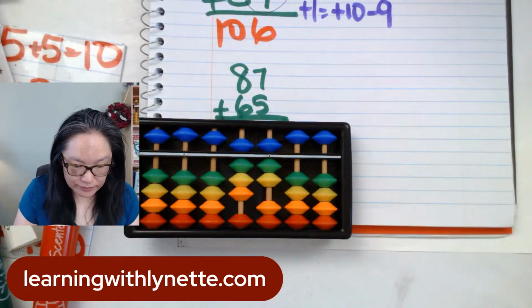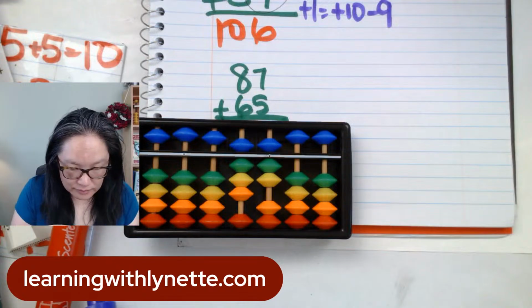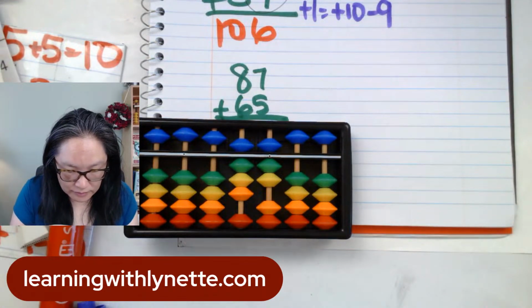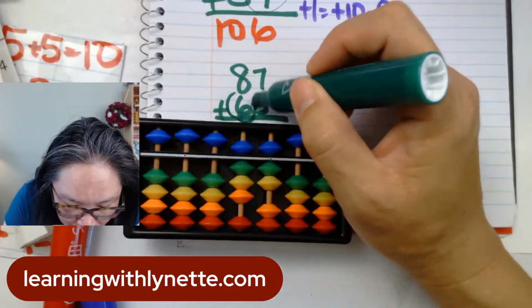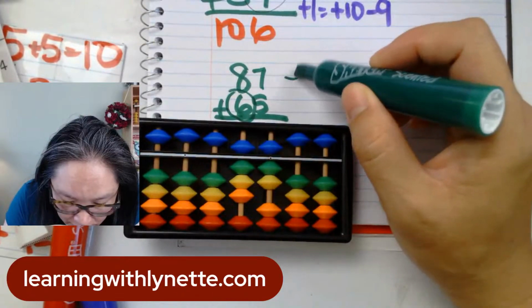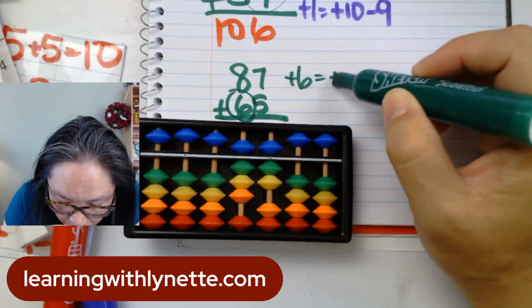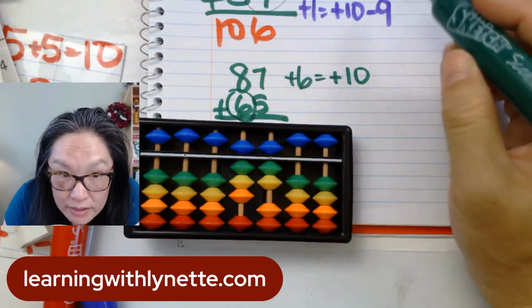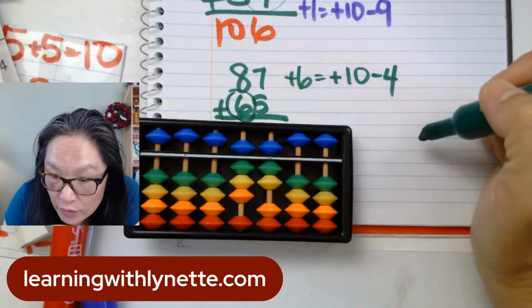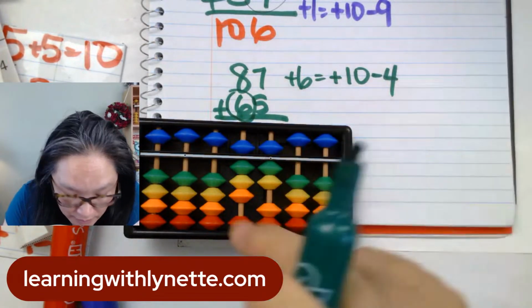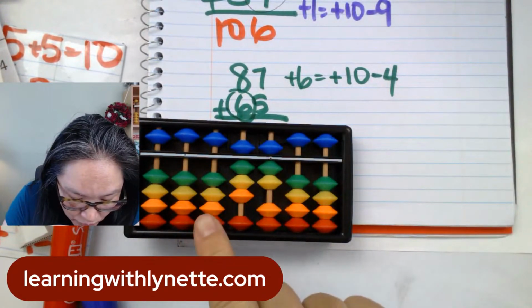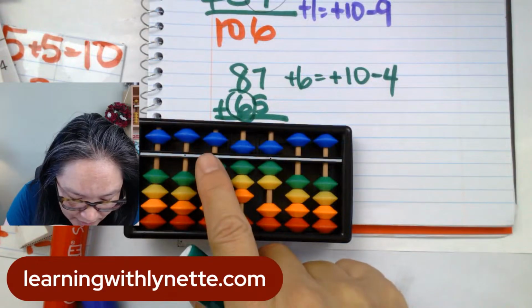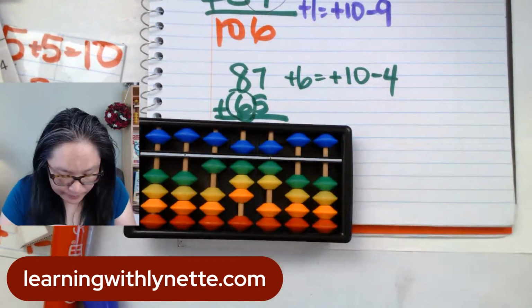So what do we do? Plus 6 is plus the 10 minus 4. So I'm going to plus the 10, 1, 0, 1, 0. I'm going to plus the 10 minus the 4.